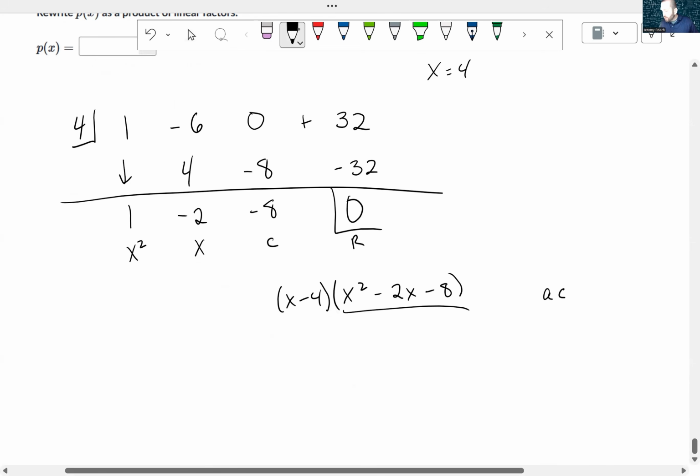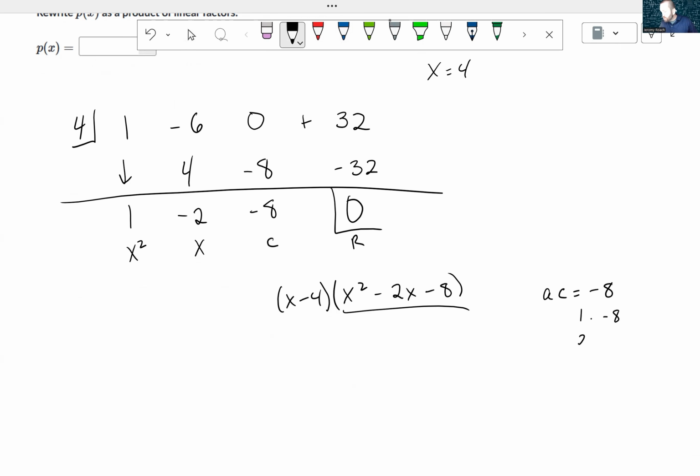So AC is -8, is 1 times -8, 2 times -4, 4 times -2, and 8 times -1. Okay, so it looks like those are our factors.